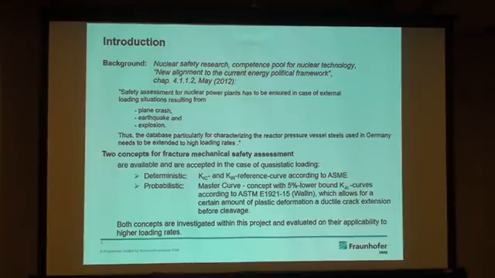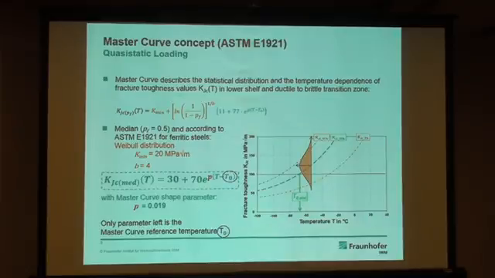For example, we could use the 5% lower bound curves for a fracture assessment. The concept allows as well for a certain amount of plastic deformation and ductile crack extension before the cleavage actually occurs.